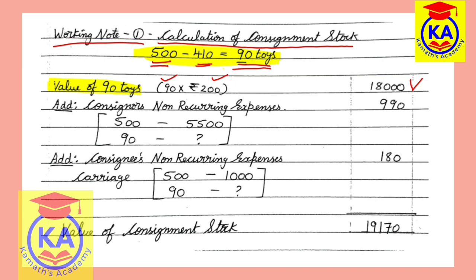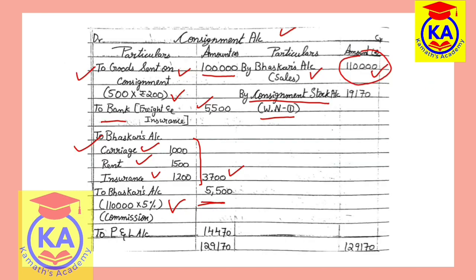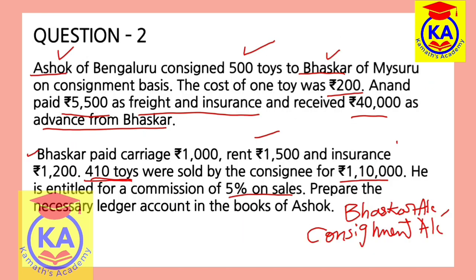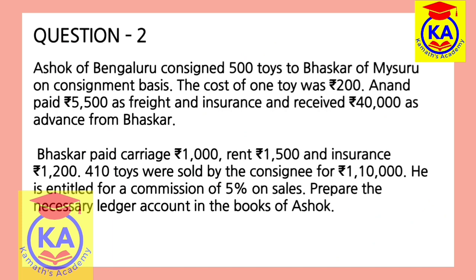That is nothing but add all the consignor's expenses. So add all consignor's expenses. So for 500 toys, you have spent 5,500. So for 90 toys, how much? See in the question, paid 5,500 as freight and insurance.